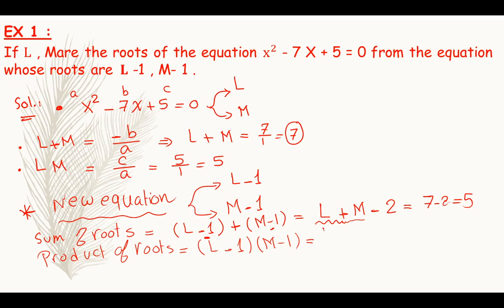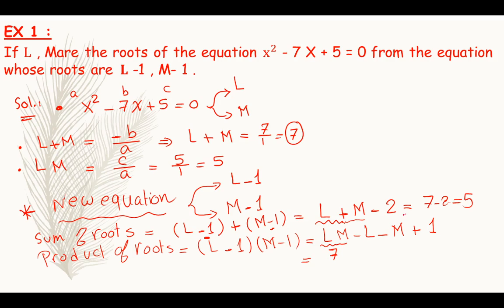L times M will be LM. L times negative 1 will be negative L. Negative 1 times M will be negative M. And the last one, negative 1 times negative 1, will be positive 1. Here we have LM.